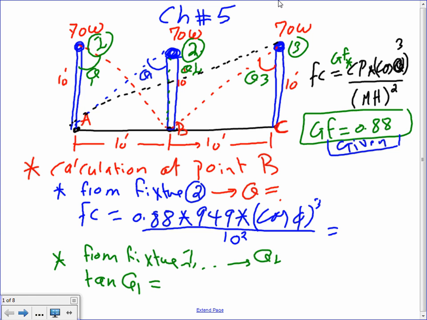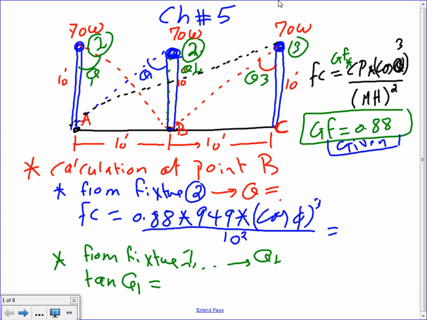From fixture 3, the contribution at C makes a 0 degree angle. That's also called the nadir point: the one coming from 3 to C, from 2 to B, and from 1 to A. But the one coming from 2 to A is not a nadir point because it's not directly underneath it. Cool? You're going to hear nadir point a lot.